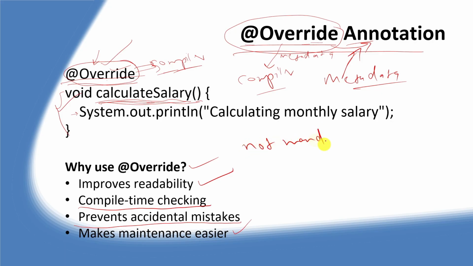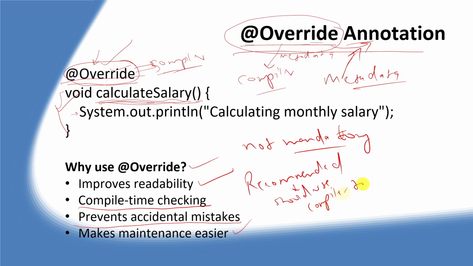Even if you don't provide it, overriding will work, but it is recommended. Recommended means we should use it. Why? Because during compile time we will come to know whether we are following the rules of overriding or not.